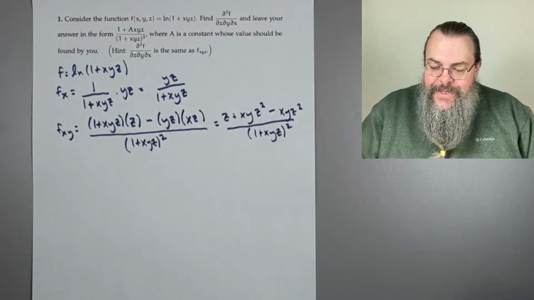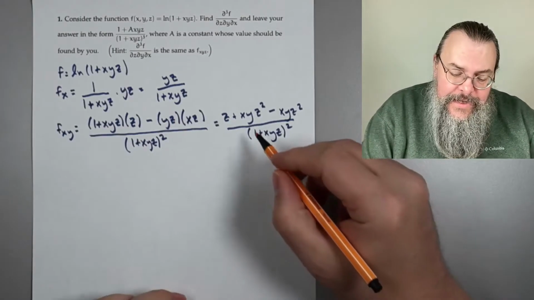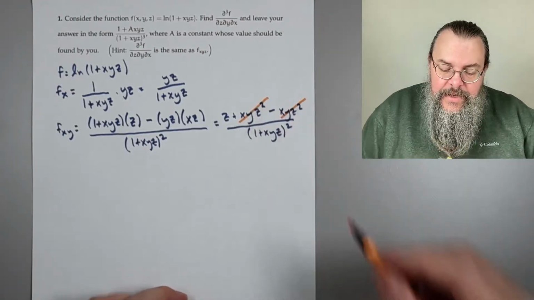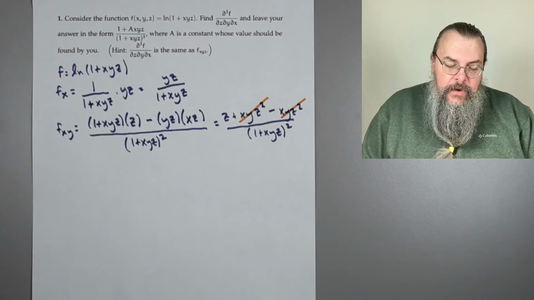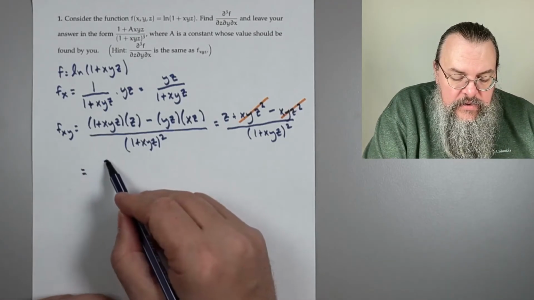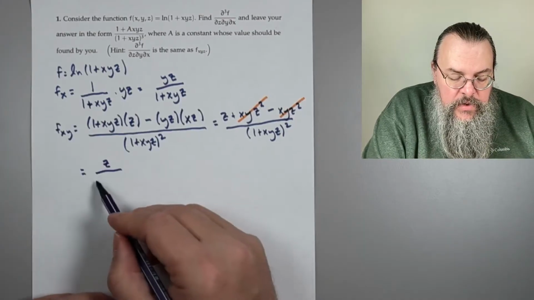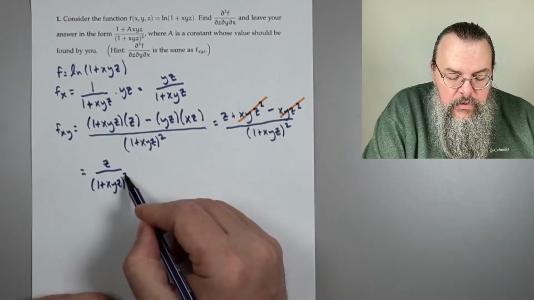Well, you'll notice we have an xyz squared and a minus xyz squared, so they cancel. Oh, how lovely. Okay, so catching up, we'll just write that as z over 1 plus xyz squared.